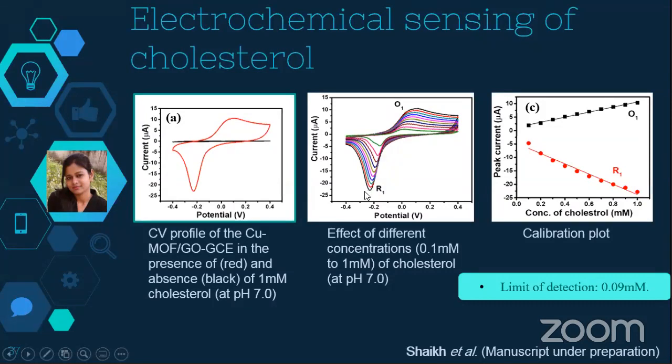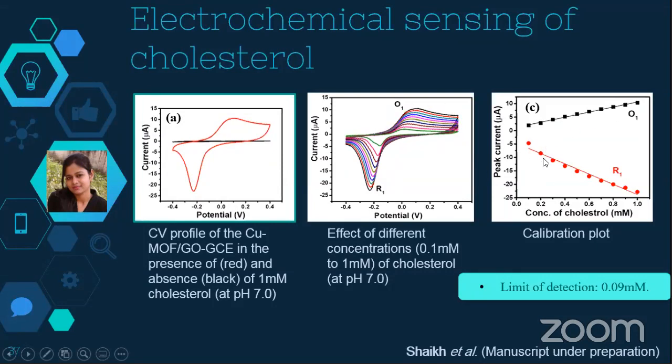Then we saw the effect of concentration. You can see how the effect of concentration plays a very important role. A very distinct linearity is observed in the case of the oxidation peak. So this is your oxidation peak, where your cholesterol is getting oxidized, and then it is coming back and reducing. So it is a reversible process.